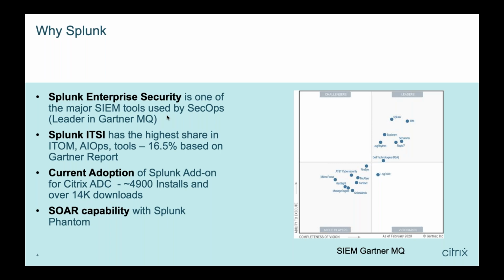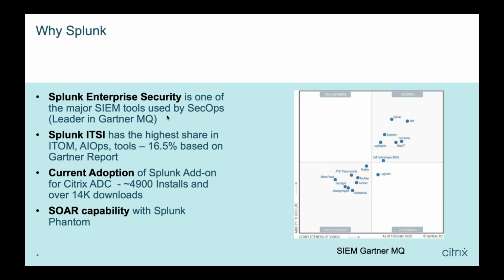Third, and I'm not sure if many of you are aware of this, we already have a Splunk add-on for ADCs. This is there on Splunkbase, and this particular add-on is used to export ADC logs and violations detected by ADC to the Splunk portal, but directly from ADC.